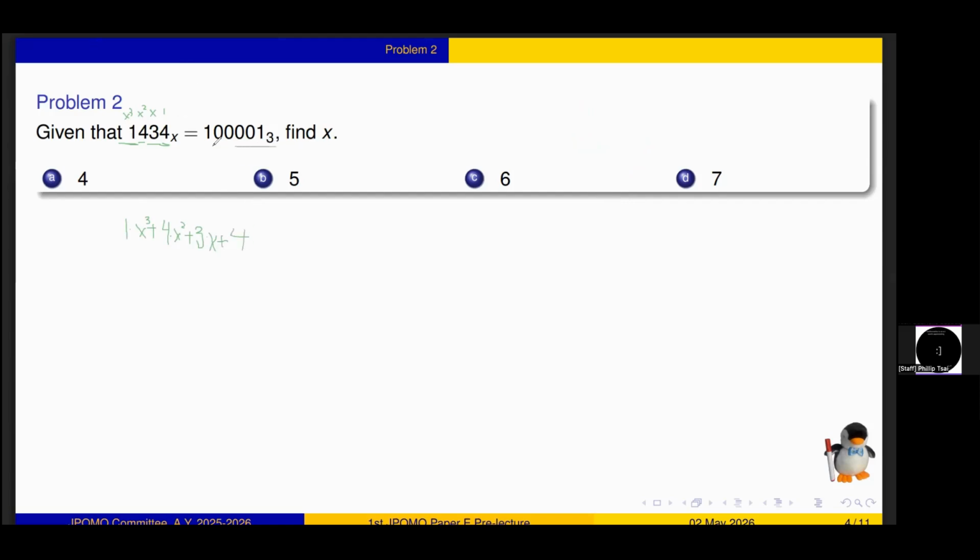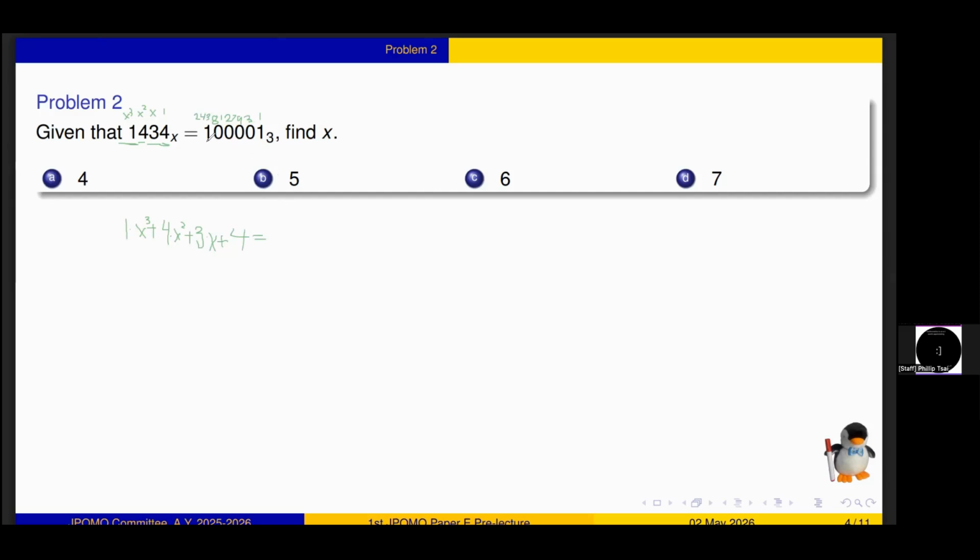And we can just repeat the same process for 100001 base 3. This is the ones place, 3s place, 9s place. Either way, it's 27, 81, and 243, right?